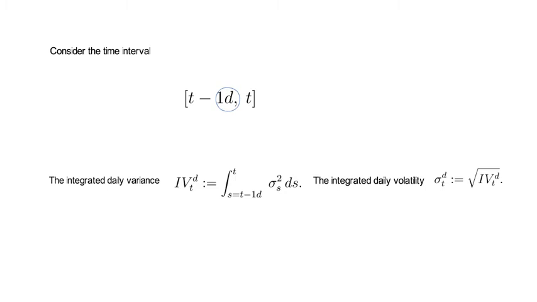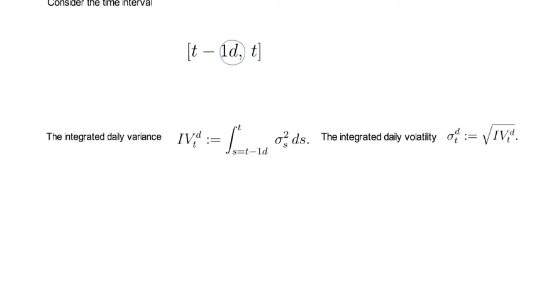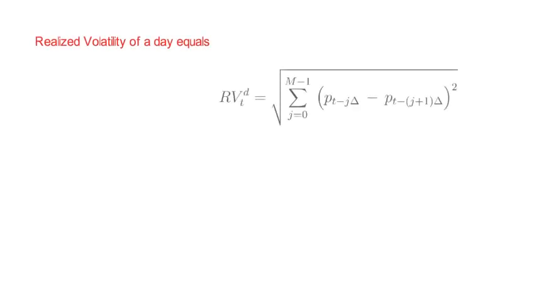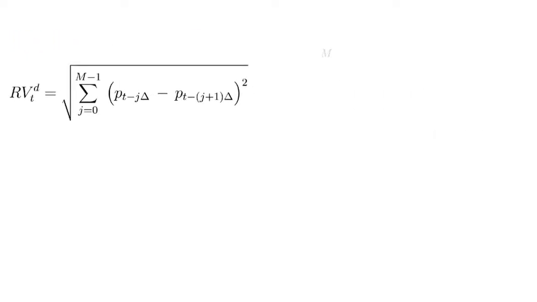So ignoring the arbitrary small approximation error, I want you to take away that the realized volatility of a day equals that next expression here, where capital M is the number of evenly distributed sampling periods per day, which makes delta equivalent to 1 day divided by M, and that's this intraday sampling period.